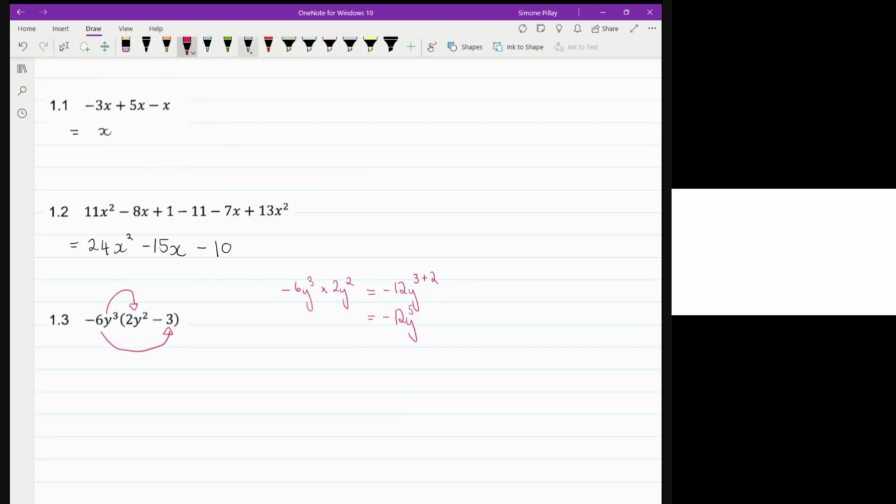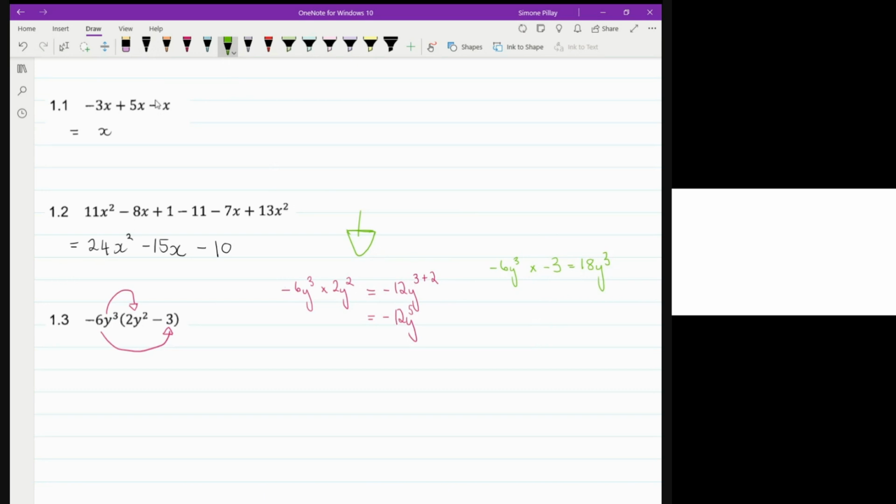So that was well done. But now I still have to go negative 6y cubed times negative 3. How do I do this one, Tyra? Ma'am, you just say negative 6 times negative 3, you get 18y to the power of 3.